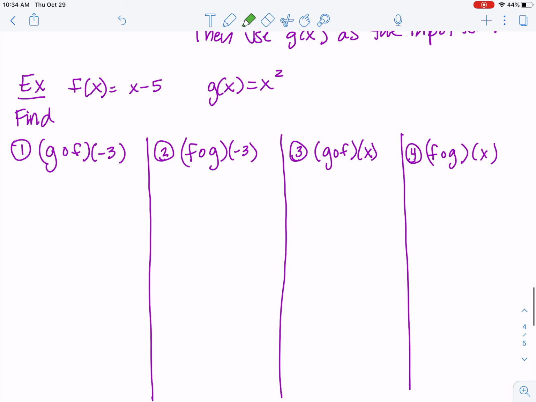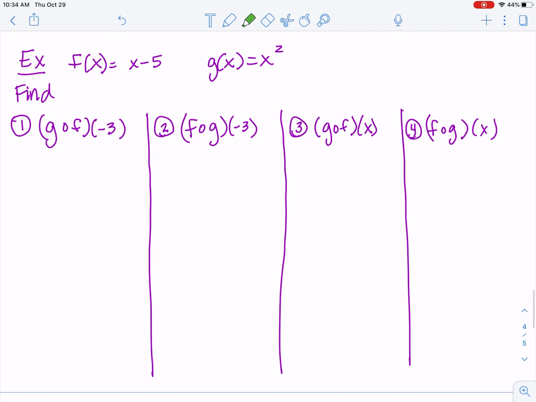So I've got an example here where I have two functions, f and g, and I want to do a few compositions with that. Okay? So I have f of x is x minus 5, g of x is x squared. All right, so if I have g composite f of negative 3, this is the same thing as g of f of negative 3.